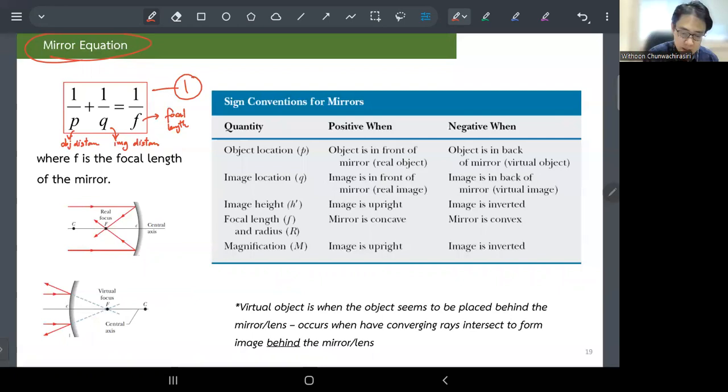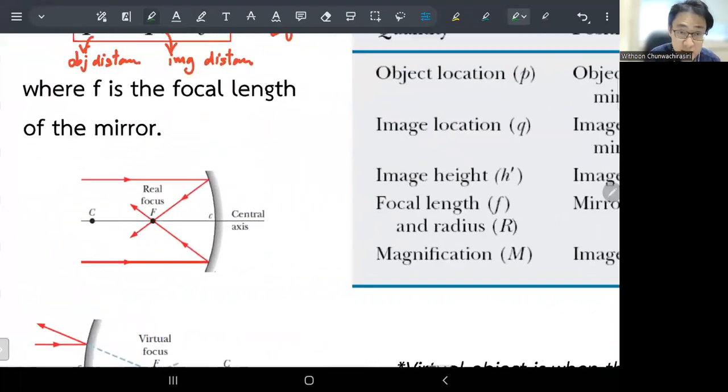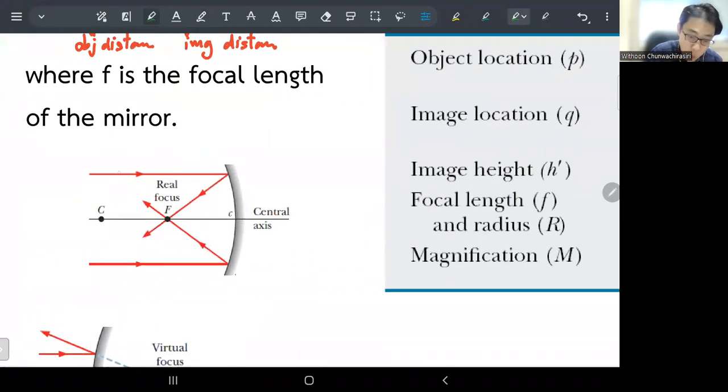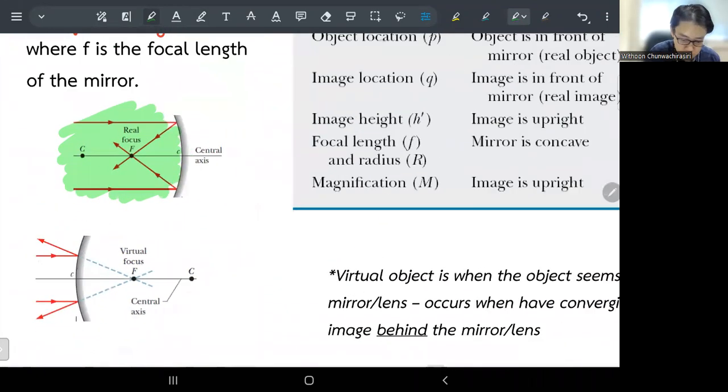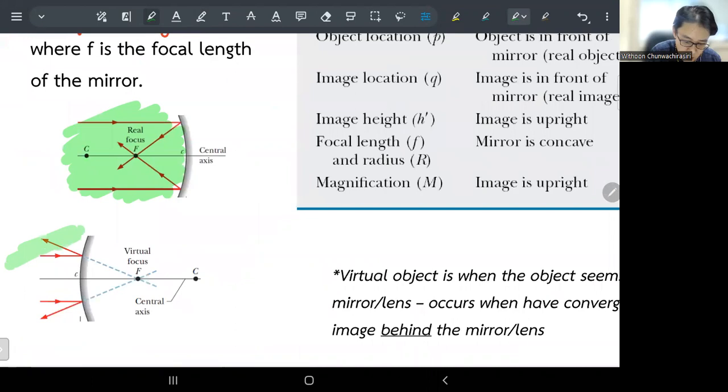Think about it, guys. When you have light coming from the left, hitting a mirror, whatever happens after the reflection, light is supposed to stay in front of the mirror. You guys with me? Right? Because of the reflection from the mirror, light has to stay on the left side of the mirror if the light is coming from the left.